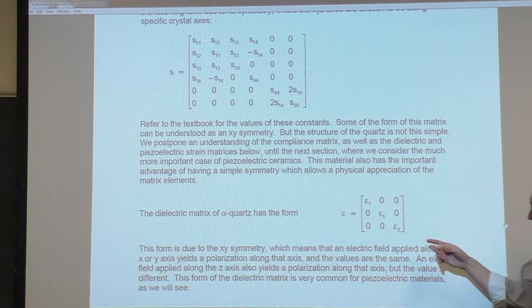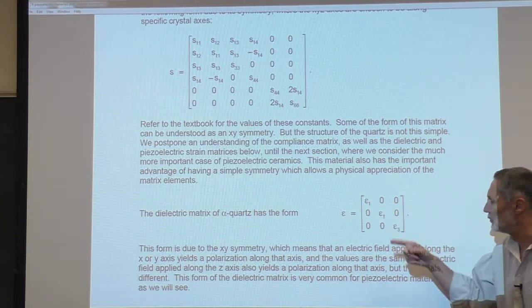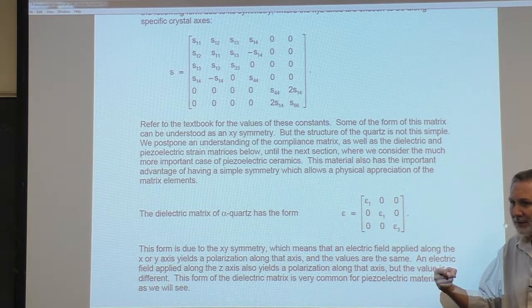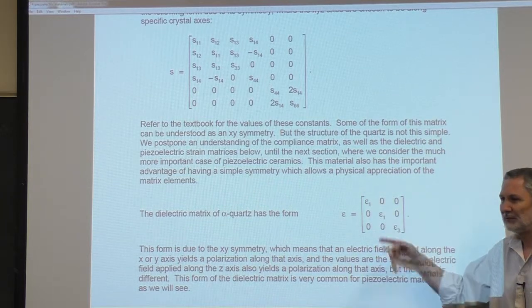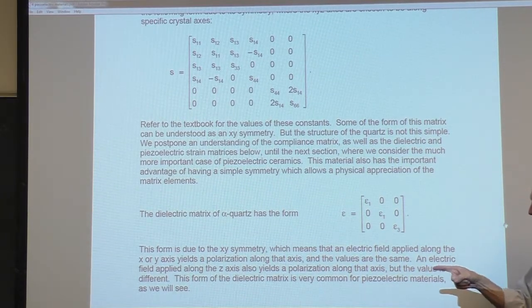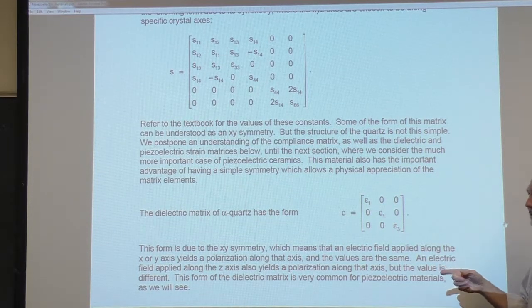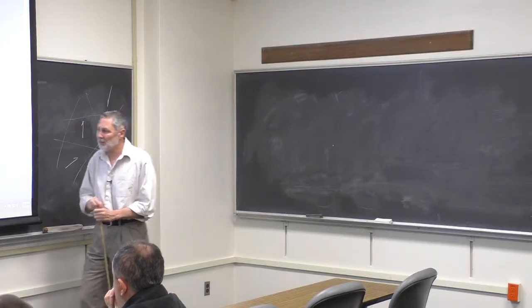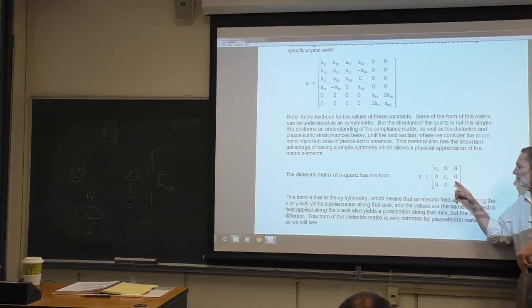So the XY symmetry here is that you apply an electric field in the X direction, you tend to cause a polarization, right? If you apply it in the Y direction, the fact that these two are the same means you're going to get the same polarization. Now technically, the quantity that gives you this is the susceptibility. The polarization is proportional to the electric field. The constant is susceptibility. But remember, we have different symbols.